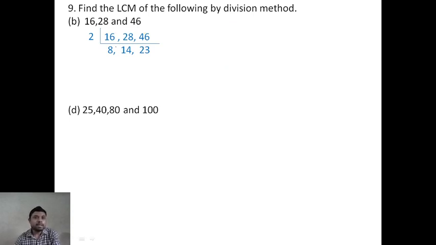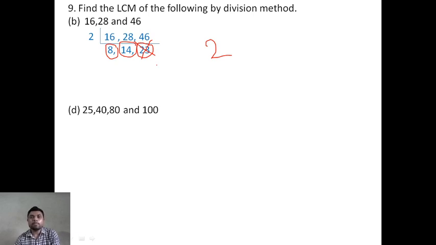Next, again we will choose a common factor. Can you divide 8 by 2? Yes. Can you divide 14 by 2? Yes. Can you divide 23 by 2? No. Here you cannot. So can you take 2 as the common factor here?